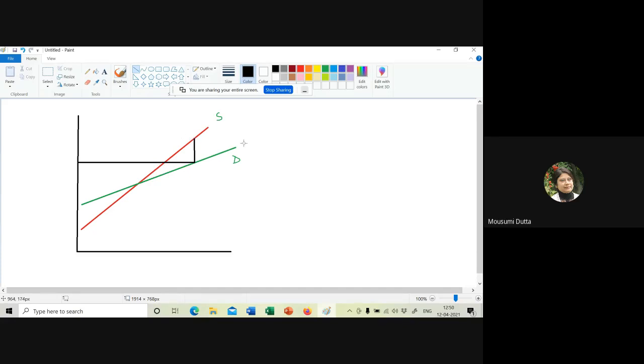Further, if this is the price, excess demand, and price will go up further, etc. Okay. And if I start from this position, excess supply, so these are roughly the cases, right?